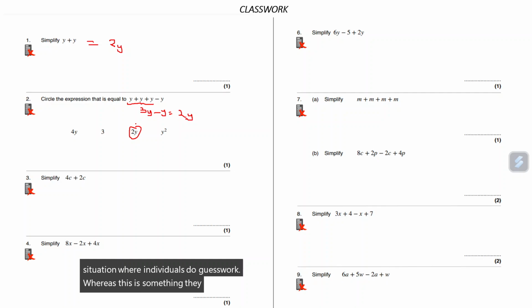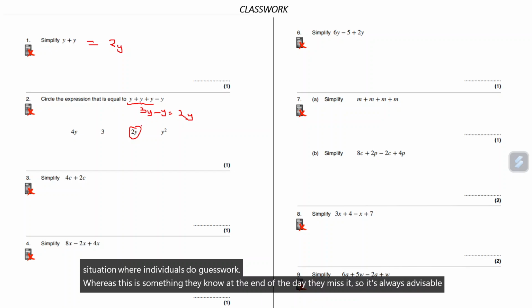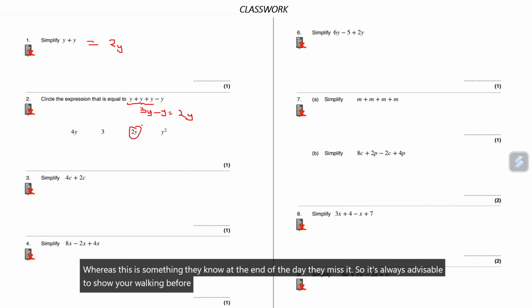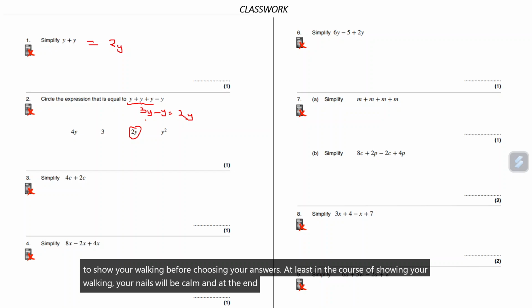At the end of the day, they miss it. So it's always advisable to show your working before choosing your answers. At least in the course of showing your working, your nerves will be calm, and at the end of the day, you choose the correct answer and you move on.